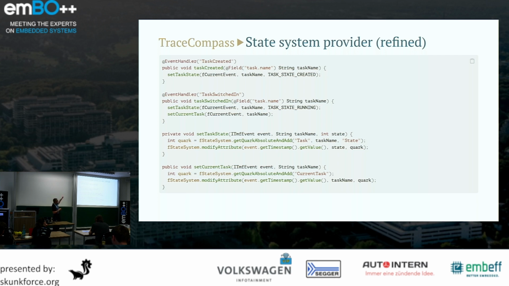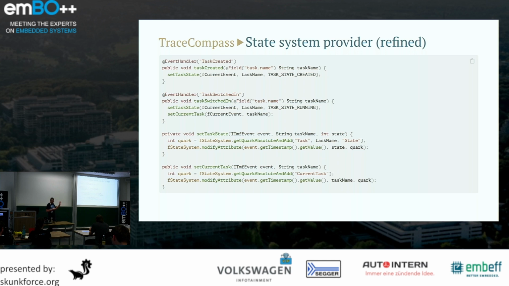But now these functions are pretty short and easy to grasp in one blink of the eye. And I encapsulated the access to the state system in some better named functions, so it's even easier to follow and probably reuse between different events as necessary.